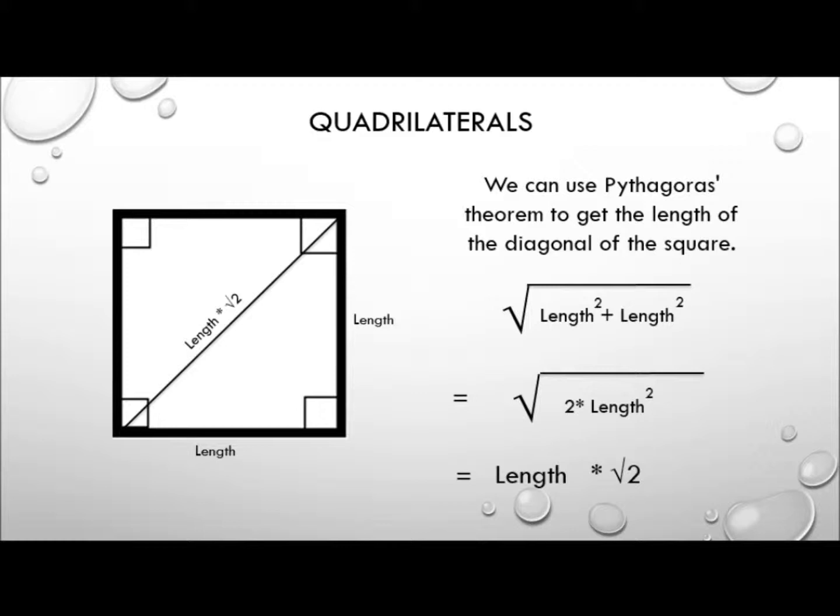And since both lengths are the same, it's the same as the square root of 2 times the length squared. Or, if we take the length squared out of the square root, it just becomes the length. So it's the same as the length times the square root of 2.